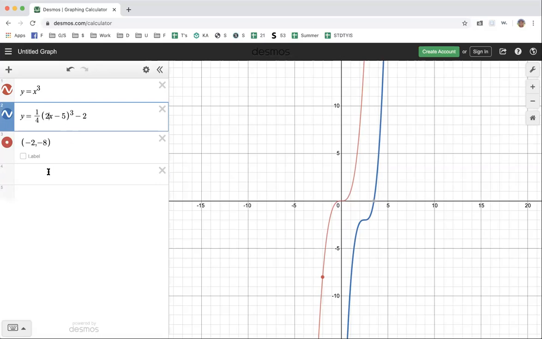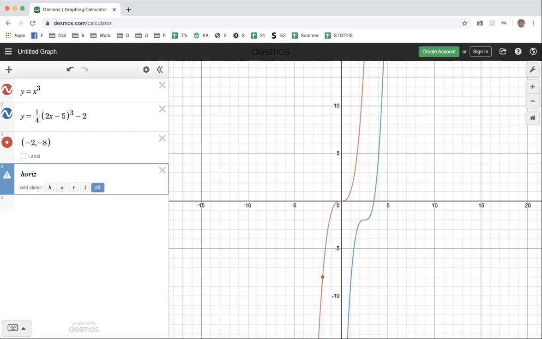So that -2. Well, here, let's just write what we have. So now the horizontal shift, because we set that equal to 0, is 2.5 to the right.